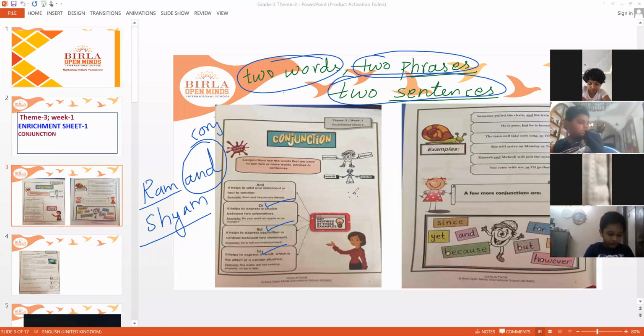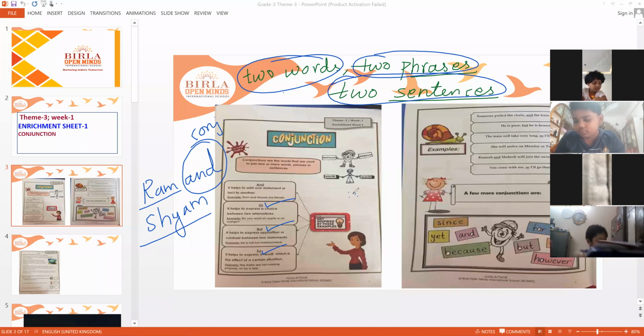Now see, some more examples are given on the next page, page number 2. Take page number 2, everyone. Ready? Now see, someone pulled the chain and the train came to a halt. And see here, we are joining two sentences.